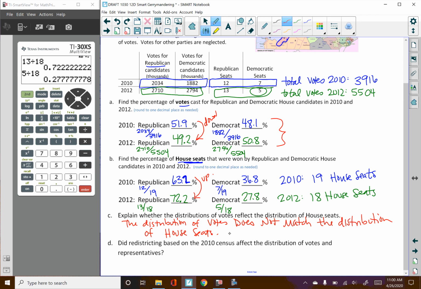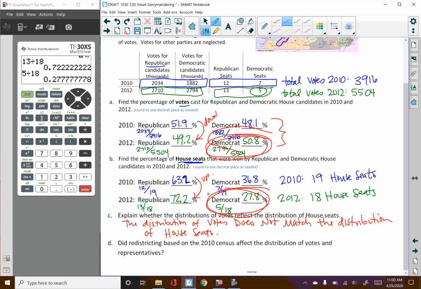So for example, in 2012, even though Democrats had 50.8% of the votes, they only ended up with 27.8% of the House seats. So that is not matching at all.